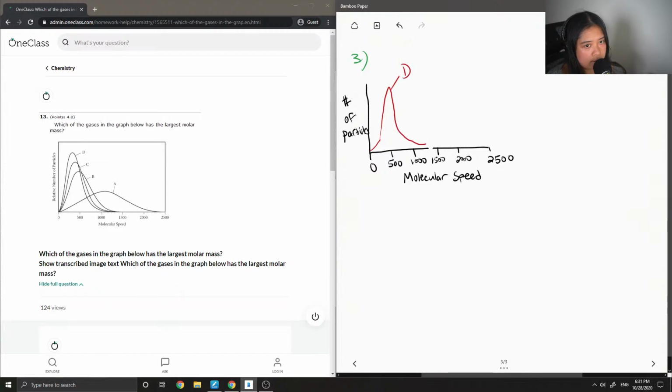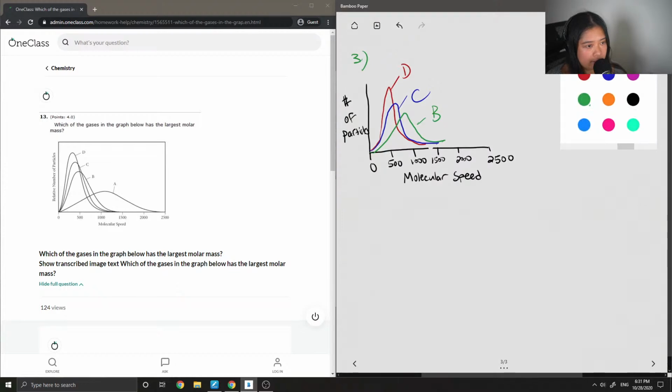This is D. And then C is similar, except it's a little shorter. B is shorter than that. Kind of goes up like that. And then A is like this long heap right here that covers a lot of the molecular speed.